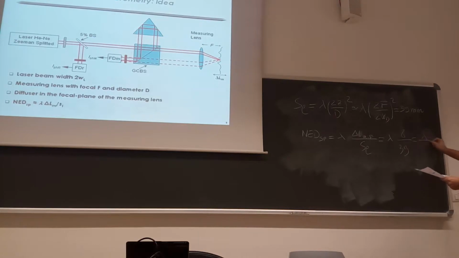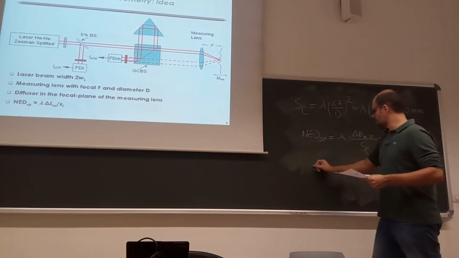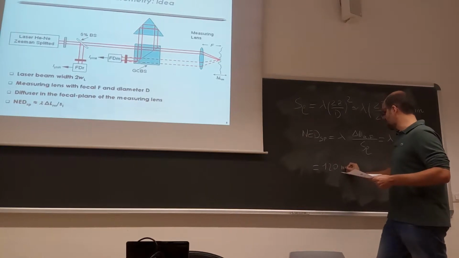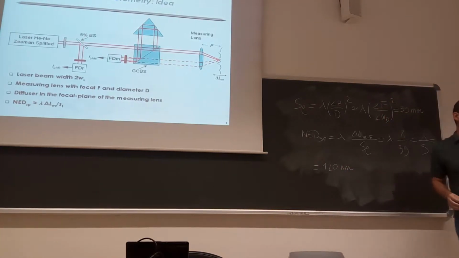So we have the wavelength divided by 5. This is more or less 100 something, 120 nanometers. Okay?